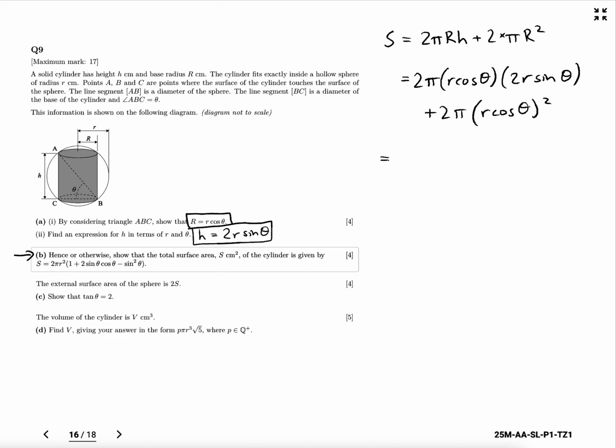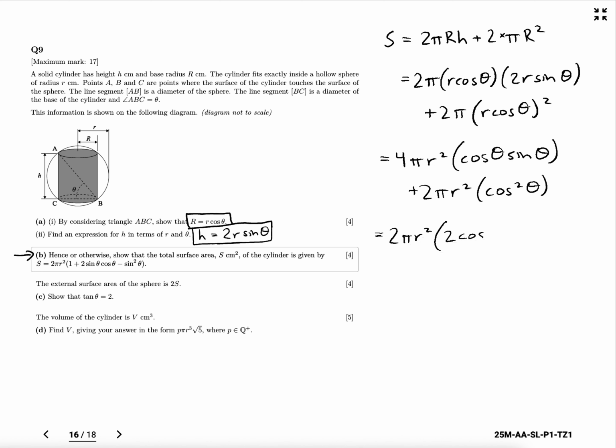We have 2 and 2, so we have 4 pi r squared cos theta sine theta, and we're adding on 2 pi, and here we have r squared again times cos squared theta. So we have 4 pi r squared and 2 pi r squared, which means that we can put 2 pi r squared outside the brackets, and we're left with 2 cos theta sine theta plus cos squared theta.